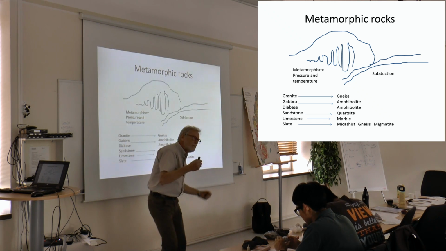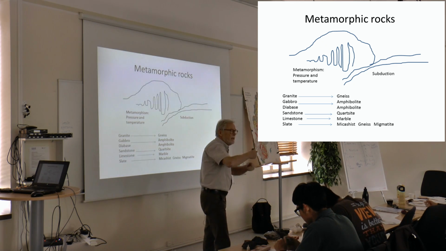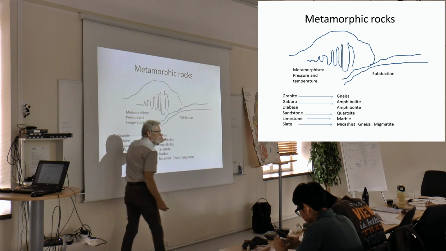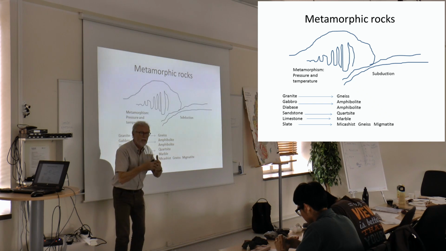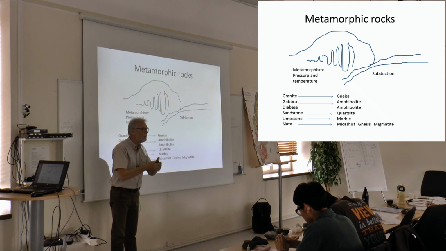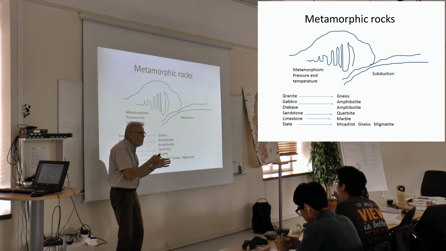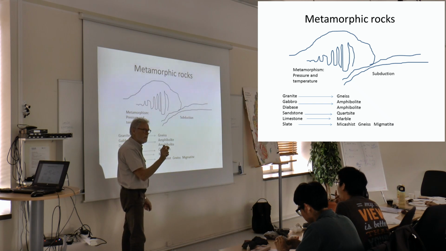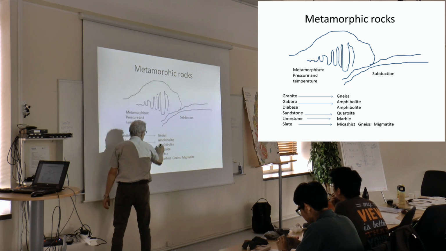Because when this metamorphic process appears, there is also some water phase, and this water will go into pyroxenes, and it will react with the minerals in there and create amphibole. Amphibole is almost the same as pyroxene, but it has a hydroxide ion in it. So that diabase also goes to amphibolite.